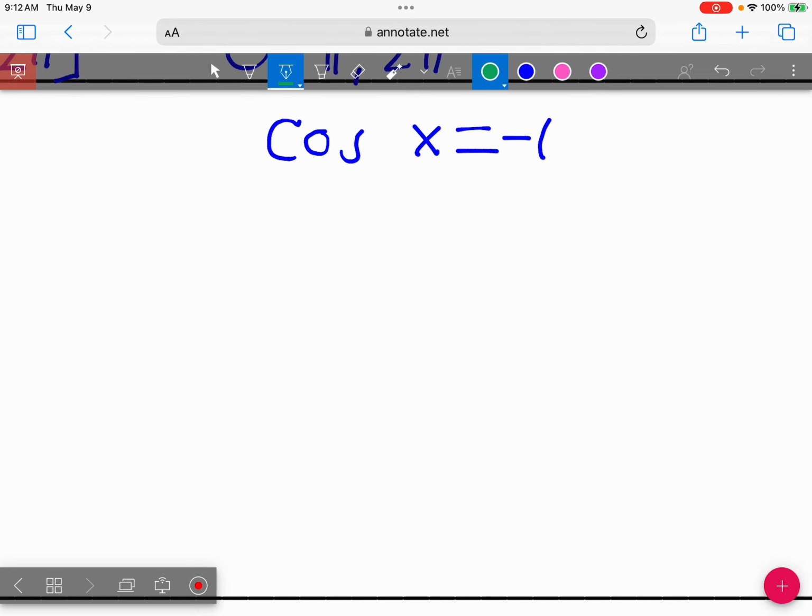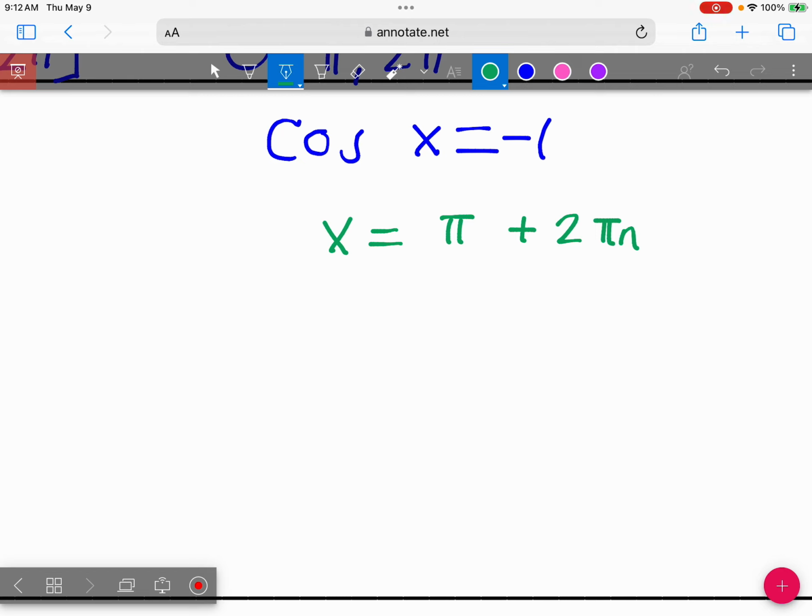So let's do the same thing over here for our cosine of -1. So what is our x going to be to get cosine of -1? It's going to be pi plus 2 pi n. We're still solving it for all of eternity, for all real numbers.